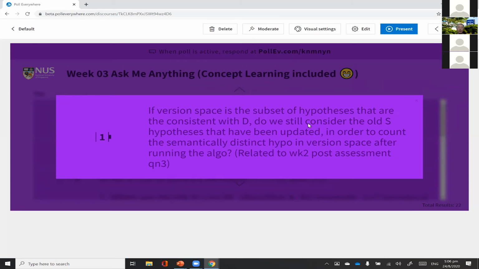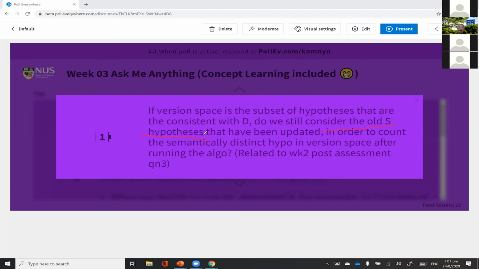So we wouldn't consider the old S, the old hypothesis here. We've discarded it, to count the semantically distinct hypotheses at that point in time. There are two different questions going on here. One is when we ask you to count the number of hypotheses when running the algorithm.